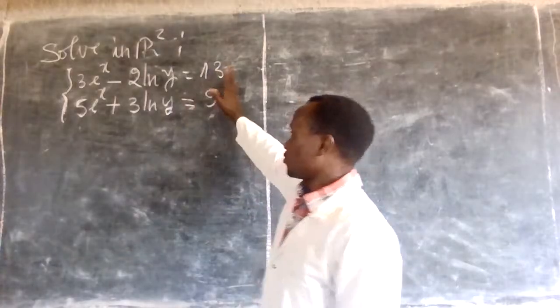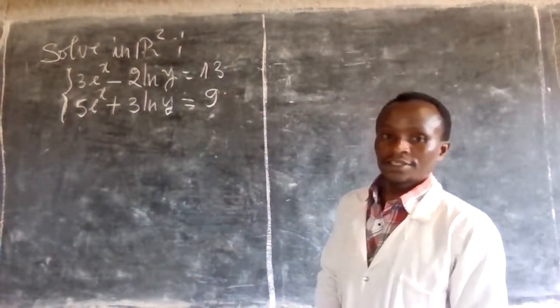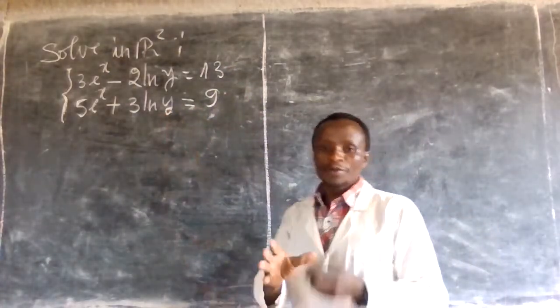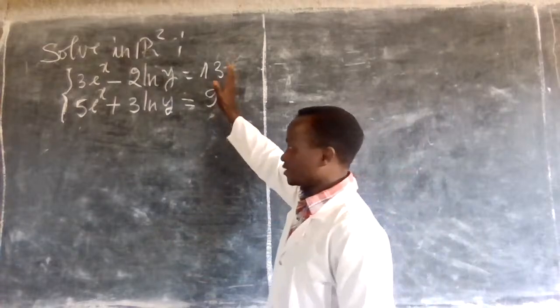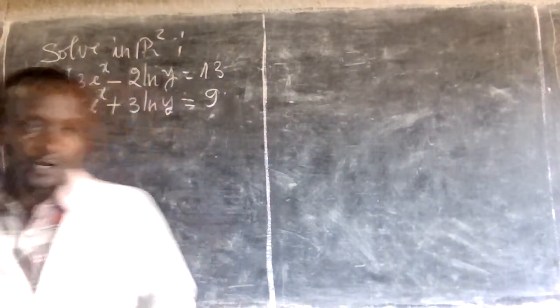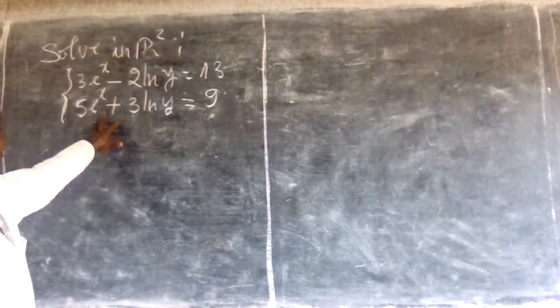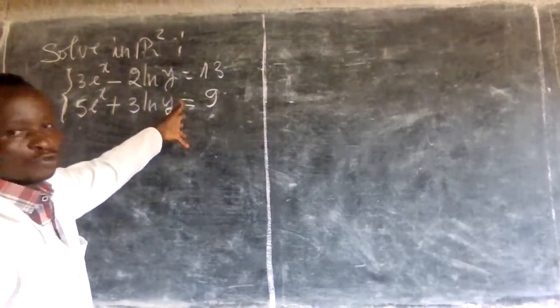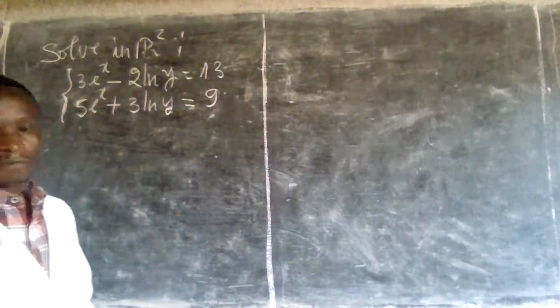We have this kind of question. At the end of this, everyone will be able to solve this kind of exponential equation. I invite you to follow all the steps that you are going to follow while solving this kind of equation.